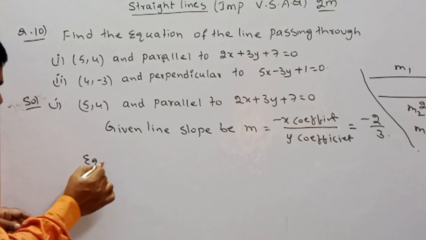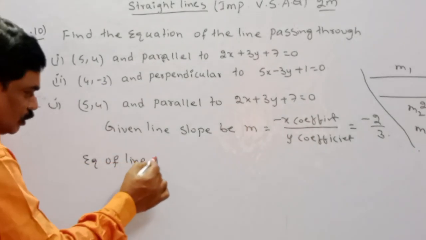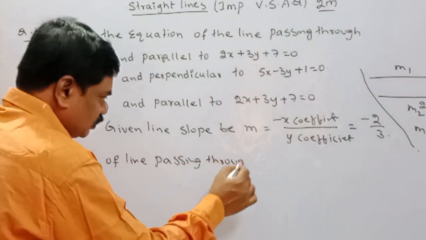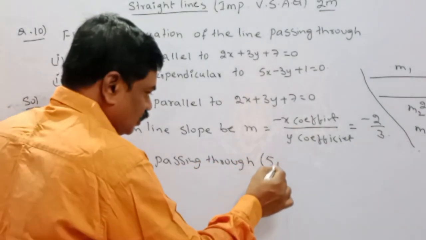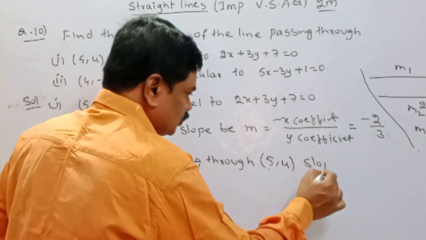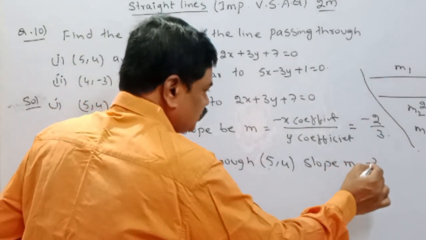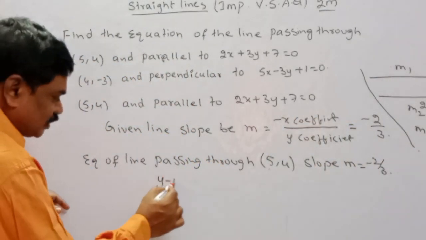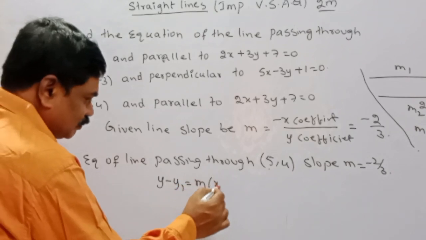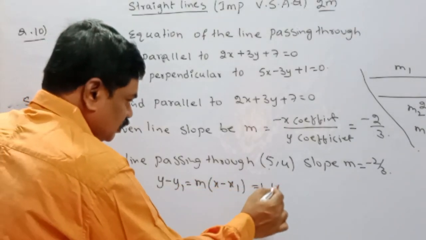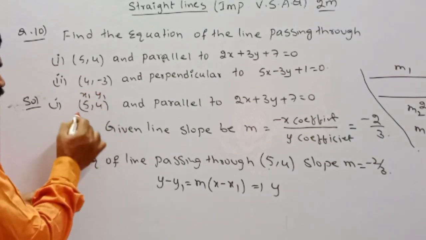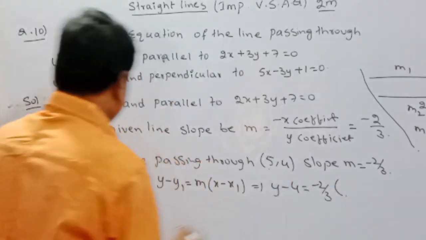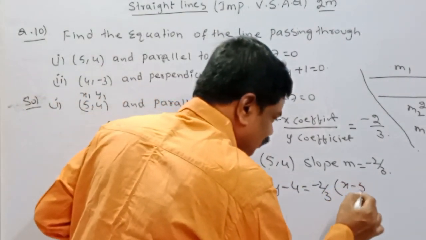So the equation of the line passing through the given point (5, 4) with slope m equals minus 2 by 3 is y minus y1 equals m into x minus x1. With x1, y1 as the point, y minus 4 equals minus 2 by 3 into x minus 5.